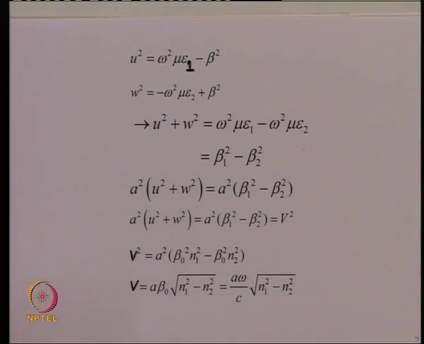Why is it a characteristic parameter? Because only three quantities are involved in defining this optical fiber: the refractive index of the core, the refractive index of the cladding, and the radius or the diameter of the optical fiber core.